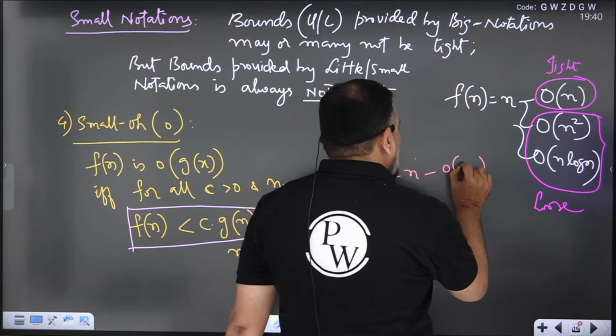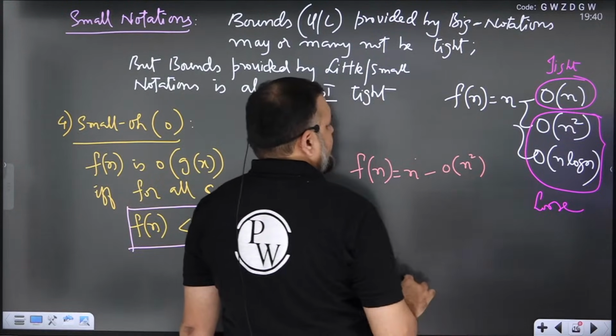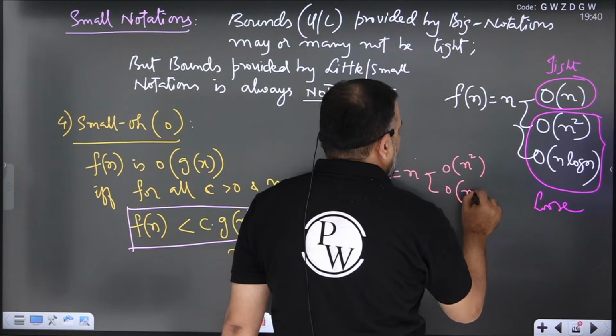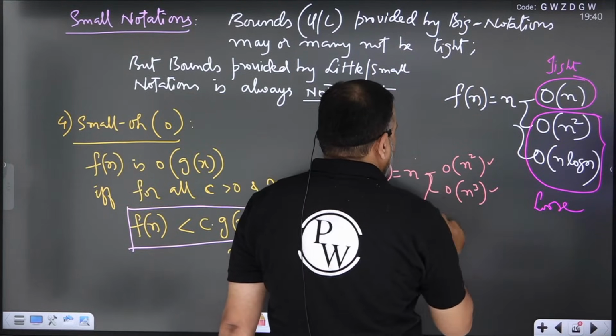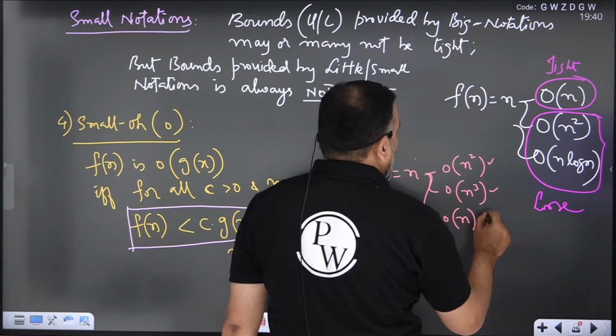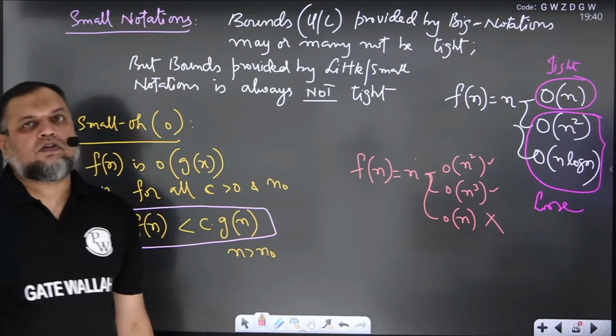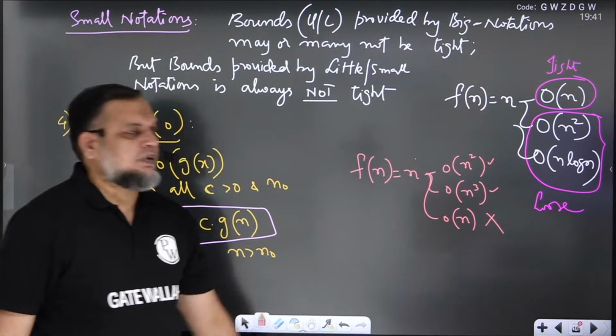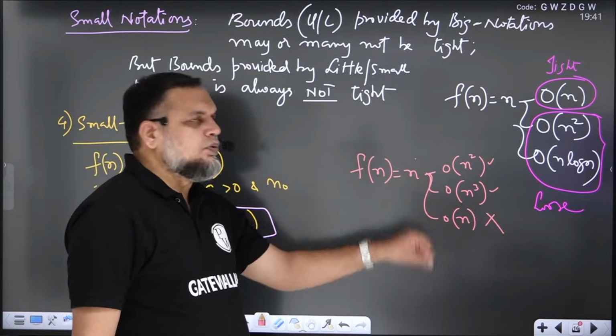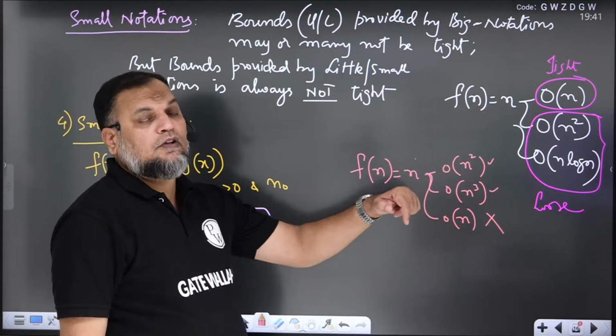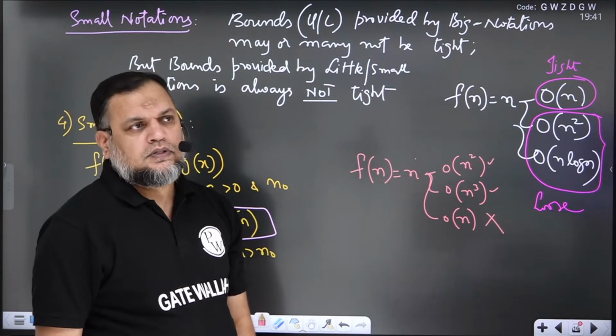Maybe n square, maybe n cube is correct, but when I say small o of n, it is wrong, because this is asymptotically tight, this is not loose. The bound provided by small o is always not tight, so that is the difference.